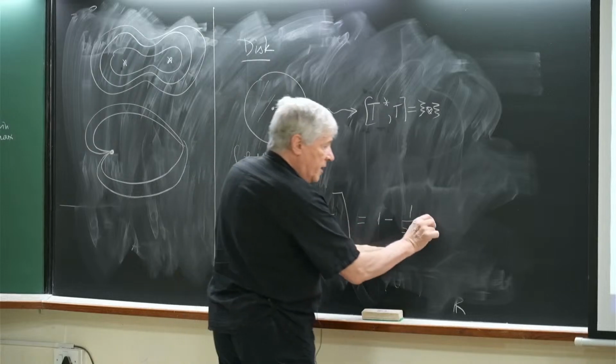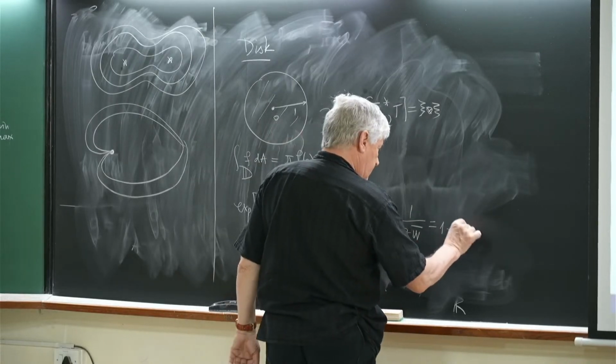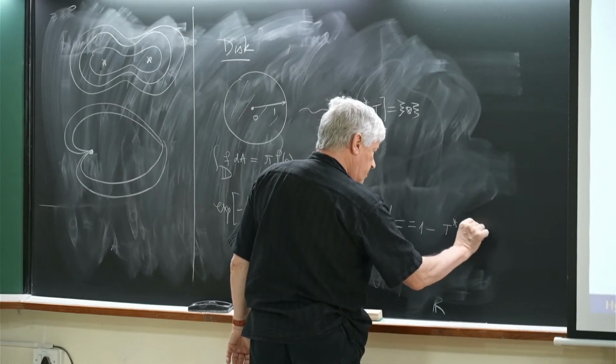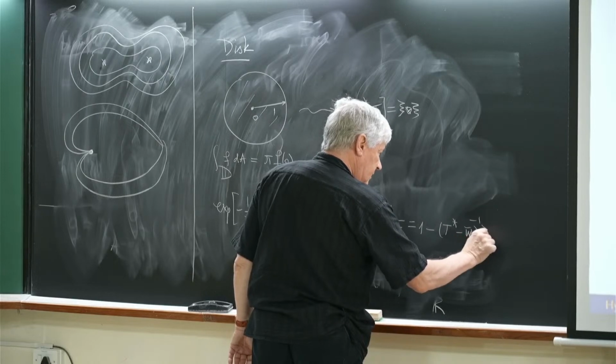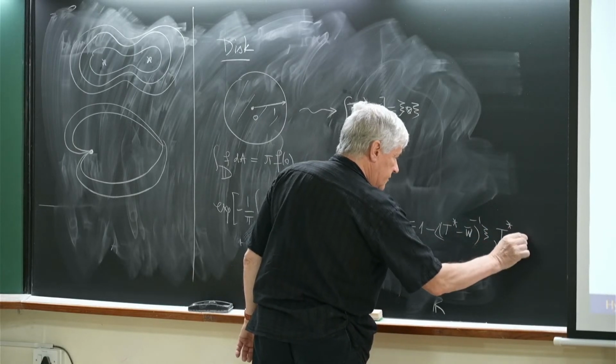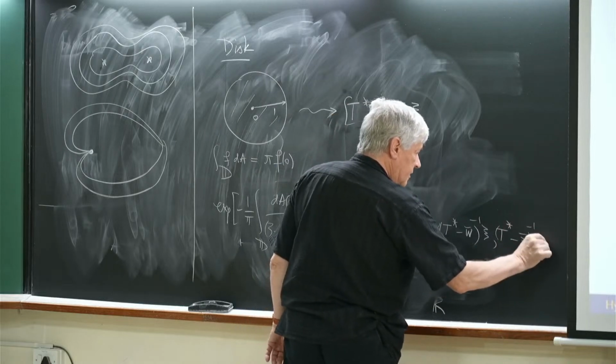If you remember, this is precisely 1 minus t star minus w bar inverse xi, t star minus z bar inverse xi.